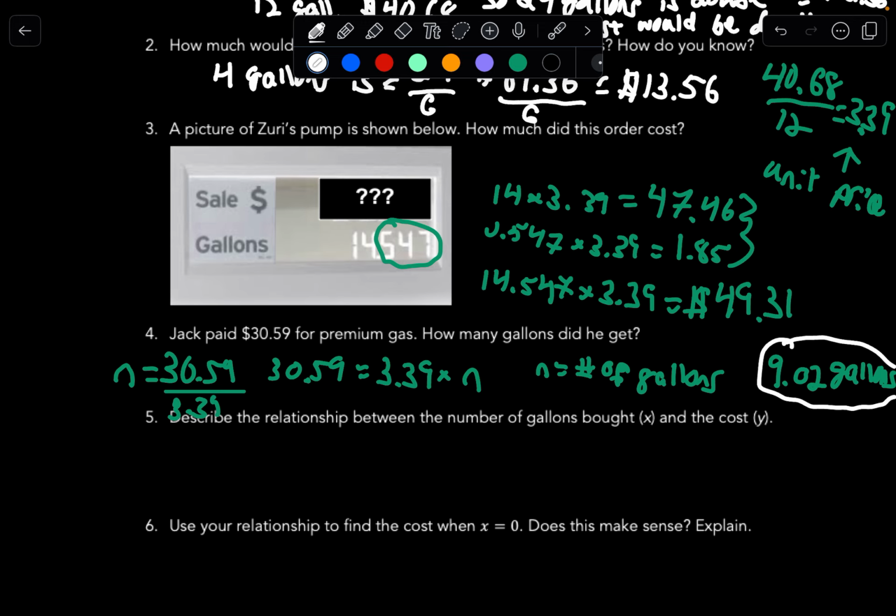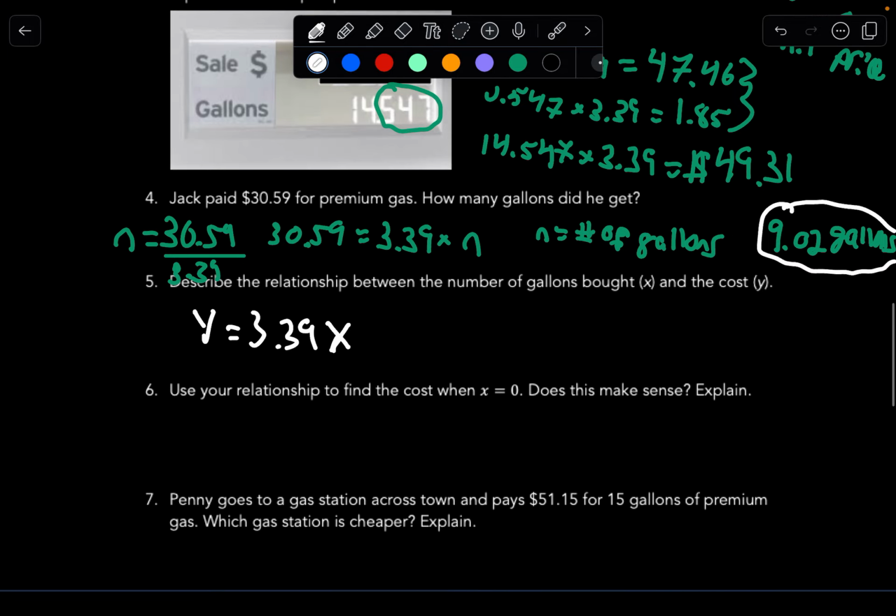That would be Y equals 3.39 times X. So now use your relationship to find the cost when X equals 0. Well, that's pretty straightforward. If you don't buy any gas, you're not going to pay any money. So Y equals 3.39 times 0, which is $0.